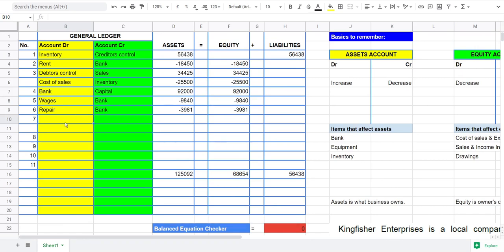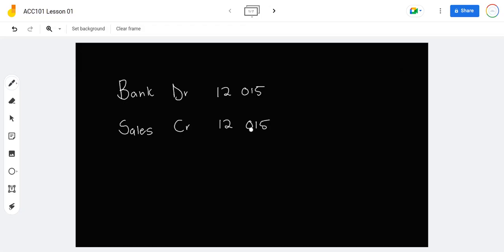So we're going to have the bank and then sales. Bank is going to increase by 12,015. The equity as well, 12,015. But remember what I said last time, that every time stock is sold, there are many accounts that must be updated.